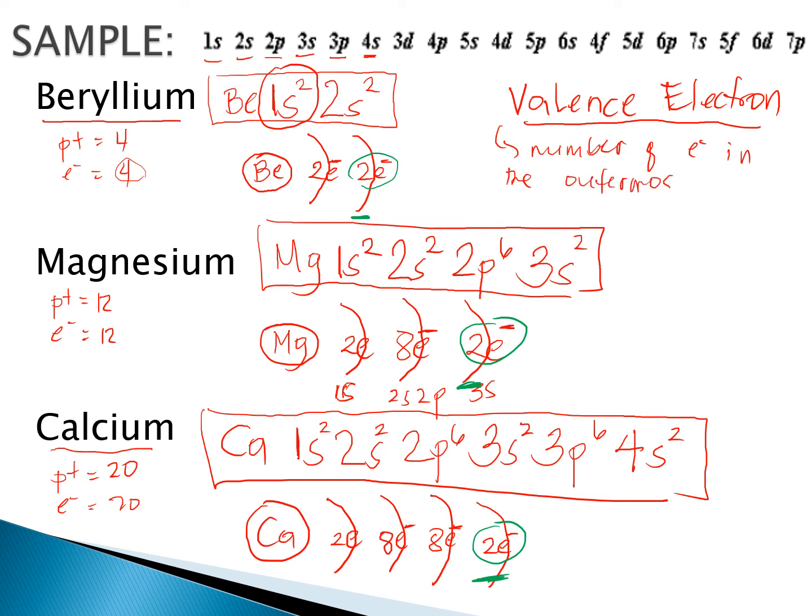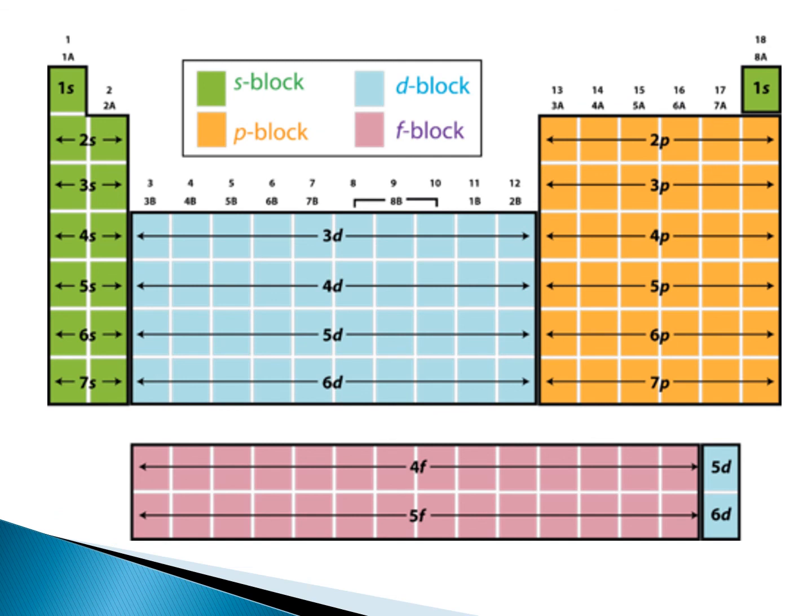When we say outermost, it is the last energy level. So if we look here, beryllium is here, magnesium is here, and calcium is here. Which block are they in? They are in the S block.